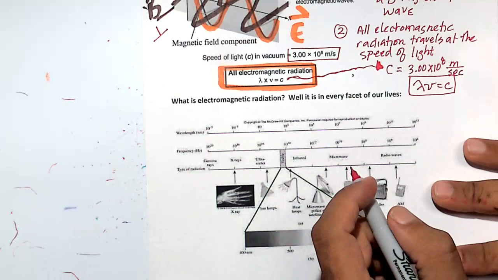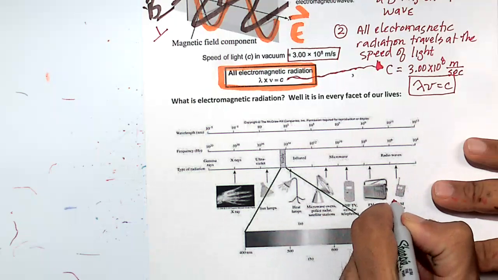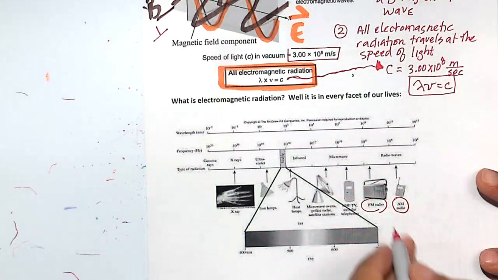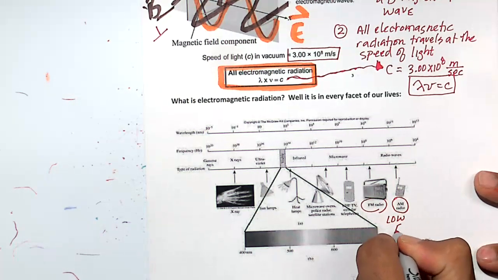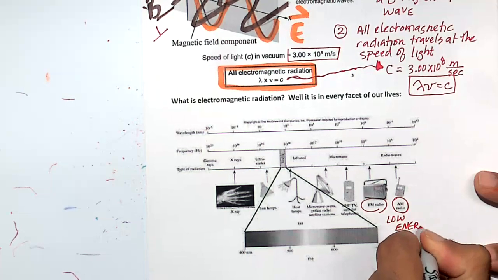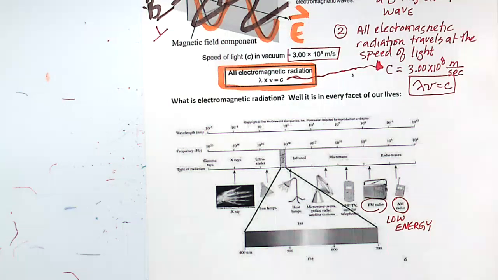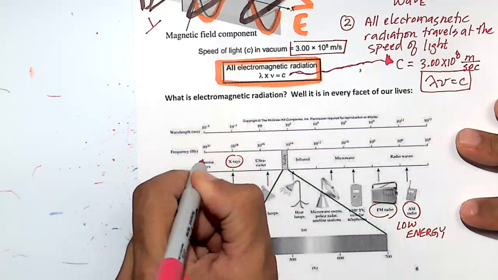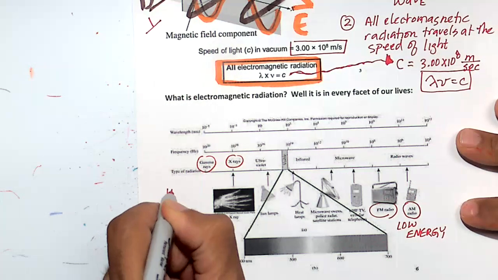The electromagnetic spectrum consists of radio waves. So again, we can hear this. This is more on the low energy scale, because FM waves and AM waves really don't harm us. What does harm us are right here, the high energy, the X-rays and the gamma rays.